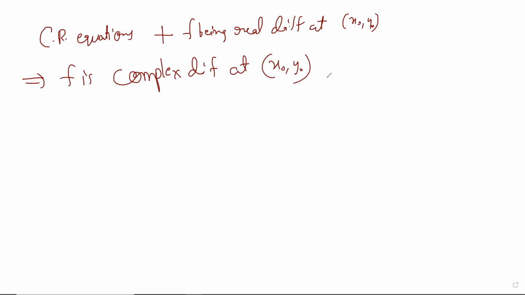So remember, we have only proved that it is complex differentiable at a point. Now, complex differentiable at a point is not a very interesting thing, because that does not imply something called analytic. That doesn't imply that it will be like a polynomial. Only at a point.